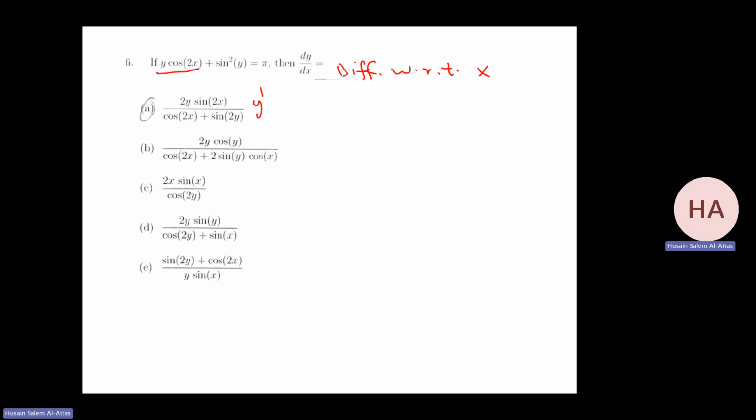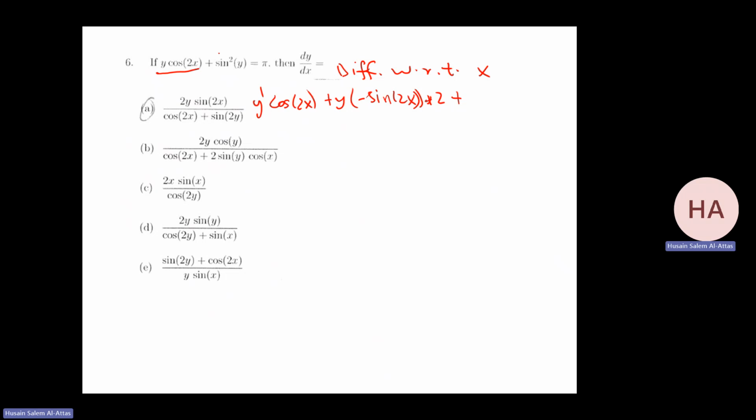Y prime, derivative of the first, times the second, plus y times the derivative of the second. This is cosine of u, so it will be minus sine of u times the derivative of u, which is 2 plus.